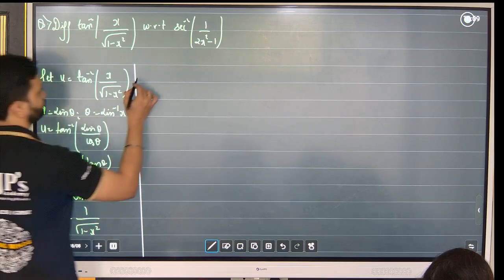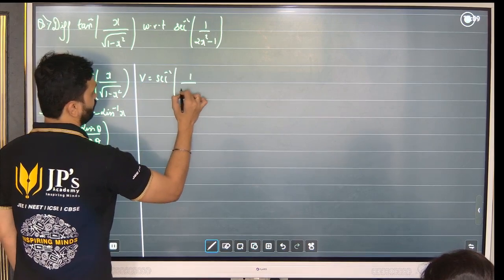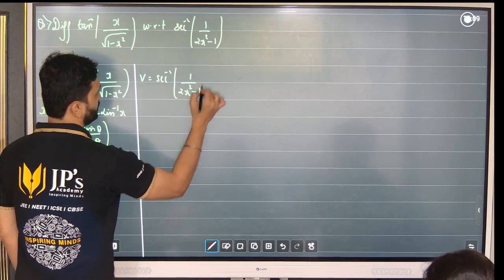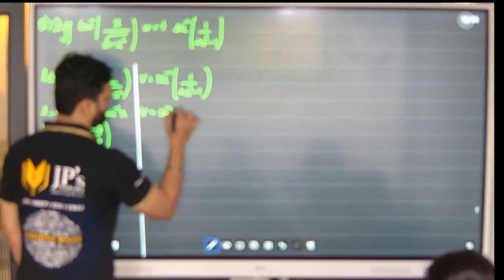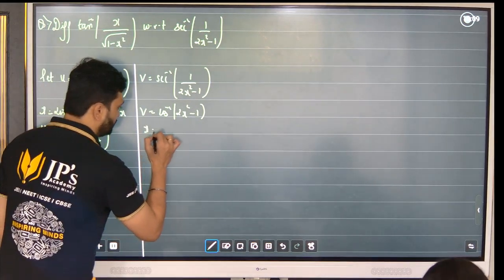Now I'll take v. v is equal to sec inverse of 1 upon 2x square minus 1. Directly v is equal to cos inverse of 2x square minus 1. If you remember the inverse formula, you'll get the direct answer. But if you don't, take x as cos theta.